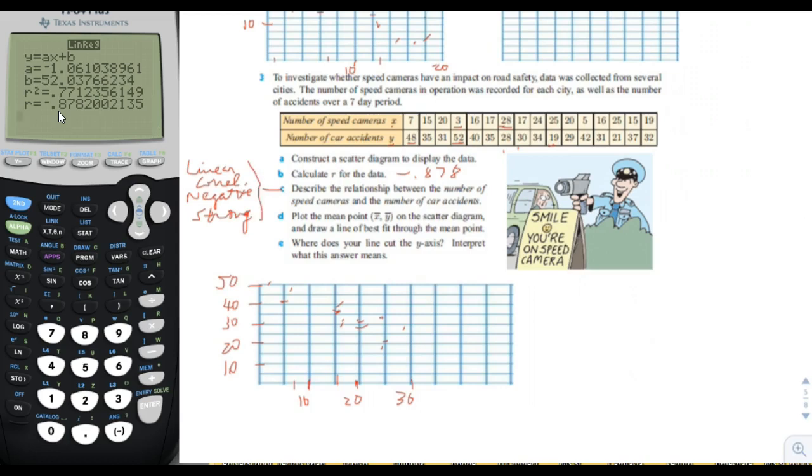Plot the mean point x bar, y bar on the scatter diagram. Our mean point we can find by doing StatCalc and 2-Var Stats. Remember that from the last problem? We specify list 1 and list 2, and then we calculate. The x bar value is 17. And the y bar value, we have to go to the second screen. There it is, 34.